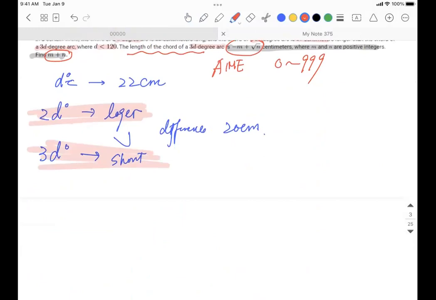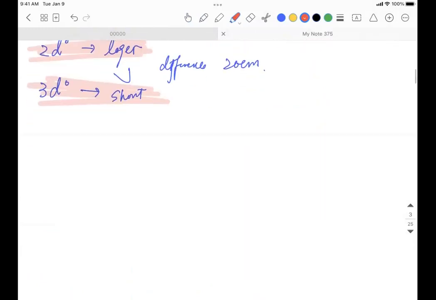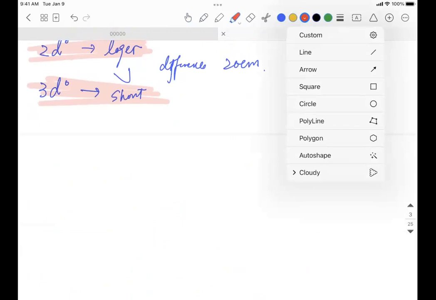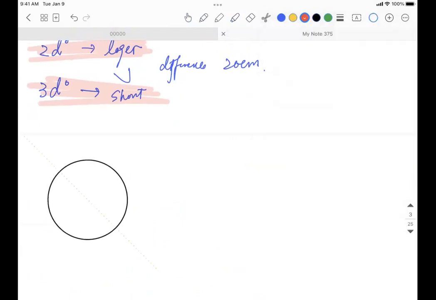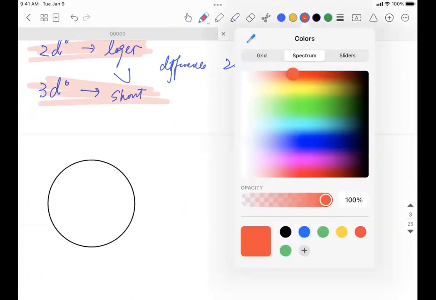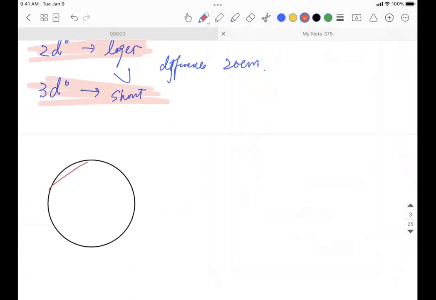Is it going to happen? Why? Let's have a quick discussion. Generally speaking, if you have a longer chord, you're basically facing a larger arc, right? A shorter chord facing a shorter arc.